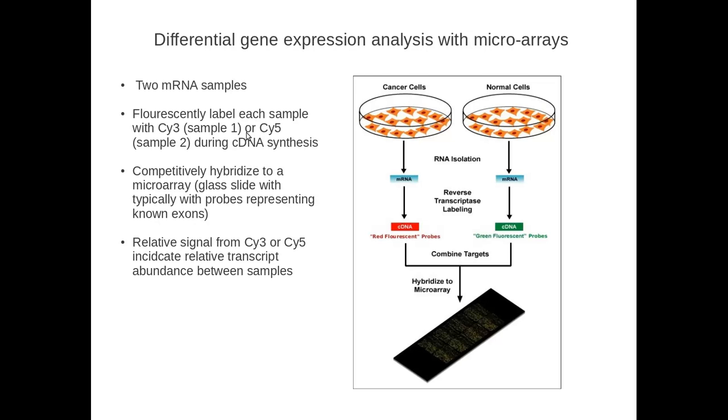In the cDNA synthesis step, we incorporate fluorescently labeled dyes into the nucleotides that go into making the cDNA. These are typically referred to as red or green. Technically, they're called Cy3 and Cy5 labels. We then competitively hybridize those to a microarray.